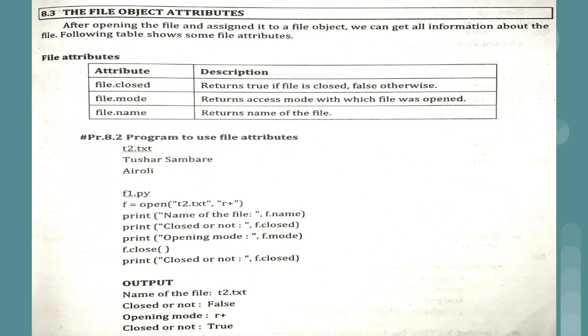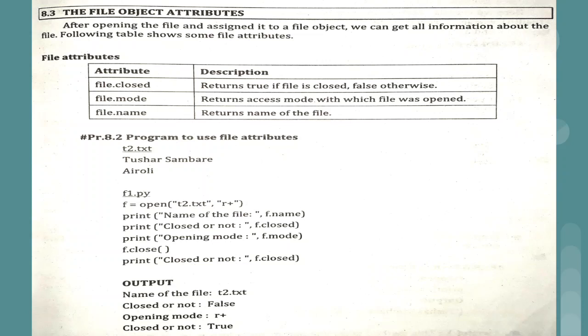The code which we have written is f = open('t2.txt', 'r+'), which means we are opening t2.txt. The open method takes the content from the file depending upon the mode which we have set. In this program we have set the mode as r+, so the file already exists and we are just opening it for reading.